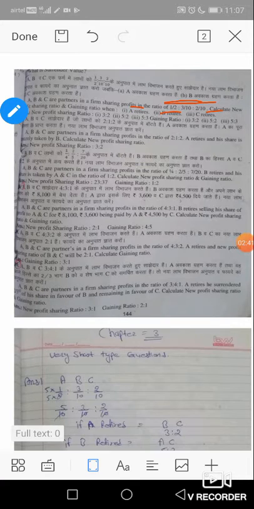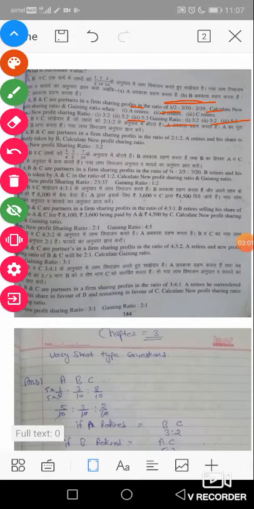We get only the information that there are particular partners with a ratio given, and the numerical tells us that A retired, or B retired, or C retired. So how are these types of numericals solved? I am telling you, here is the solution.